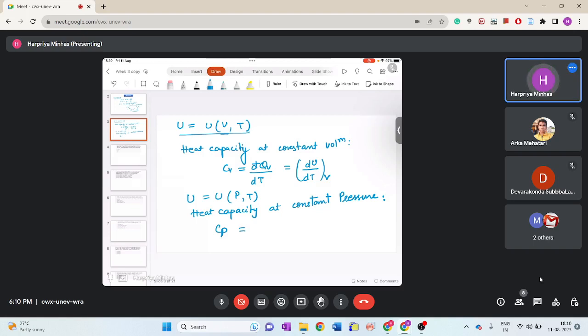And from here we denote δQp upon dT equals dH upon dT at constant pressure.